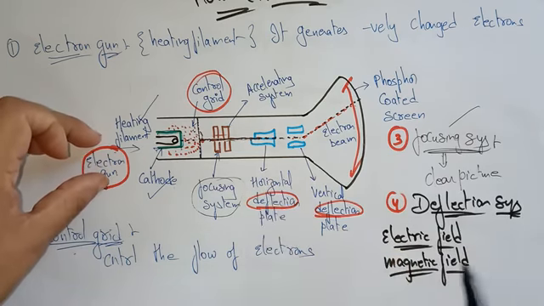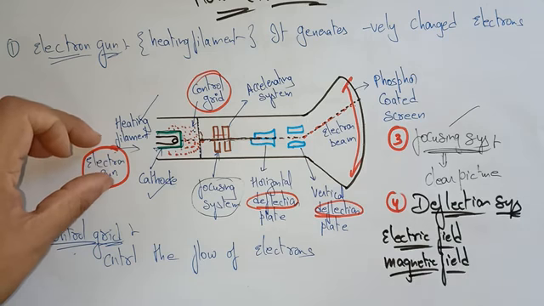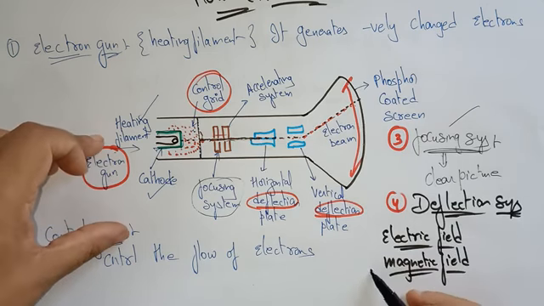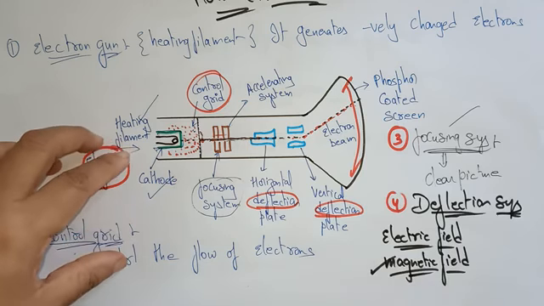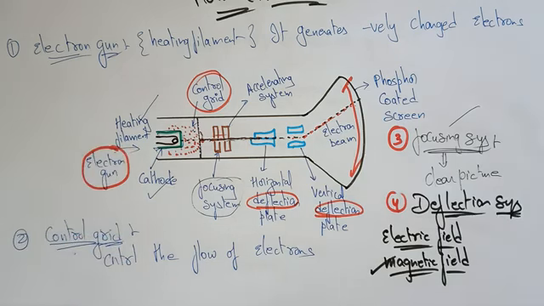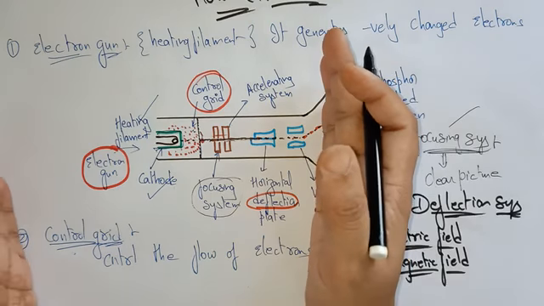If you are using two pairs of coils, then your CRT works on the basis of the magnetic field. In that way you can differentiate the deflection system. The horizontal and vertical deflection systems can work on electric fields as well as magnetic fields. Up to this the part is over.